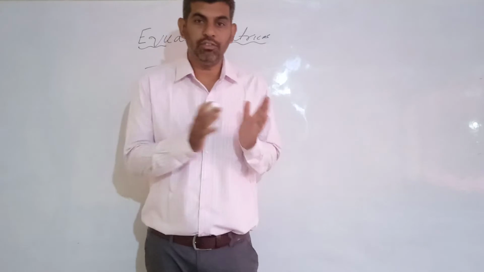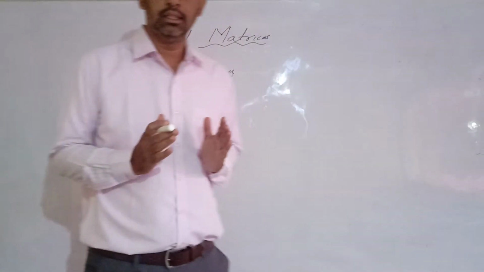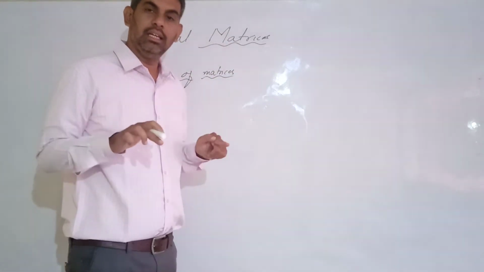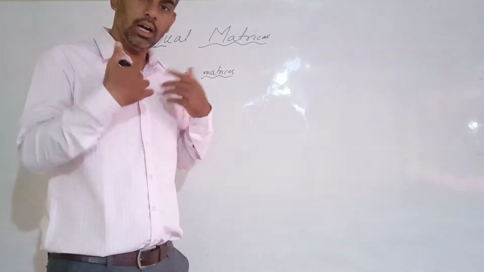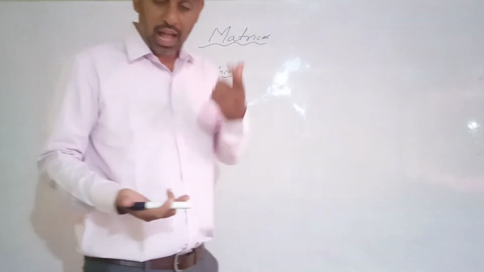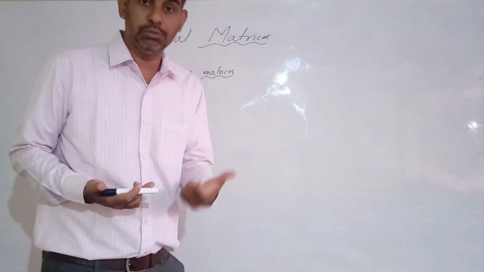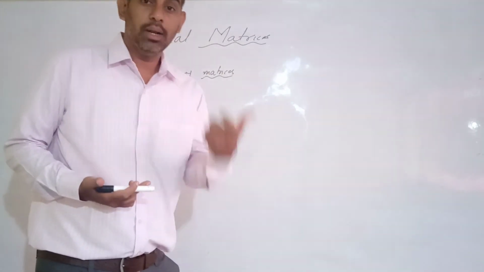An arrangement of elements in the form of rows and columns, enclosed by square bracket or parenthesis.